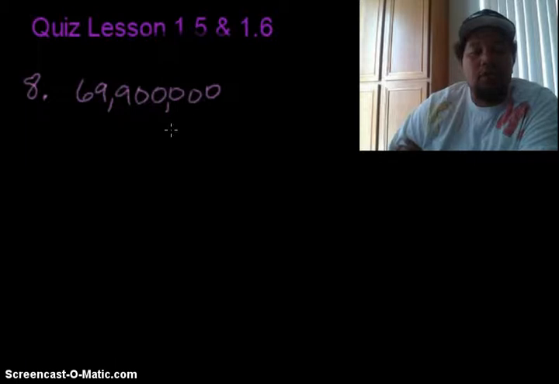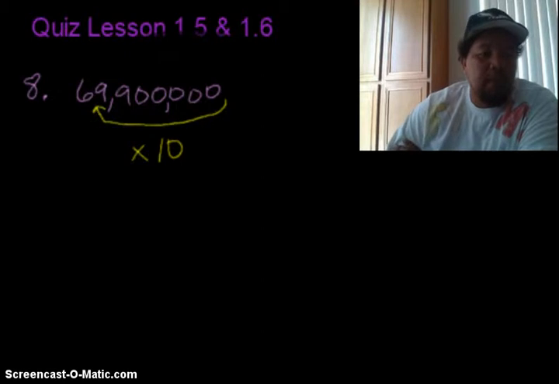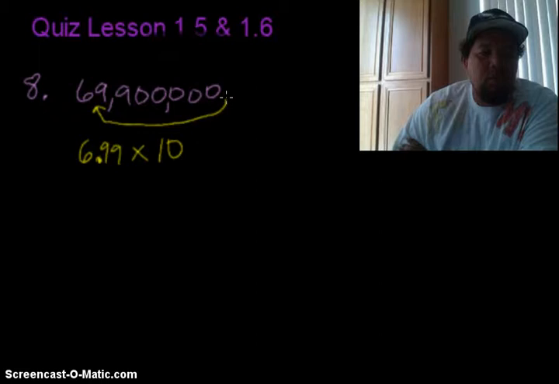Okay, so we have 69,900,000 in standard form. We want to write it in scientific notation. First of all, we need to make sure that we get a number that is between 1 and 10. So the decimal was way over here, and we're going to move it in between the 6 and the 9. Next, we count the number of spaces it took to move the decimal: 1, 2, 3, 4, 5, 6, 7 places.